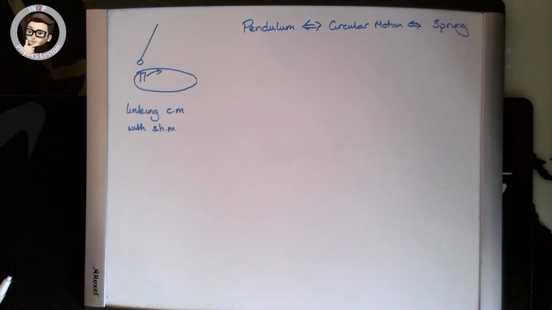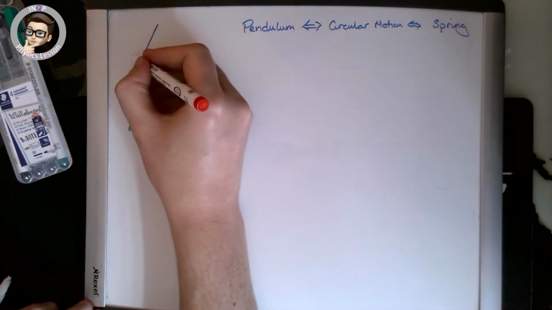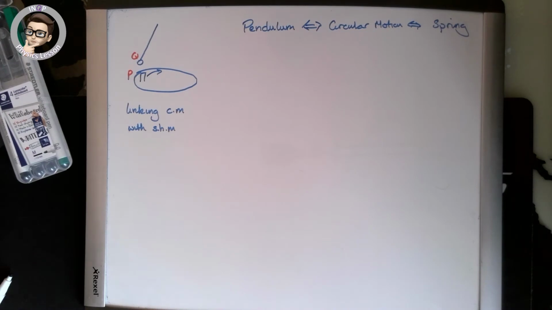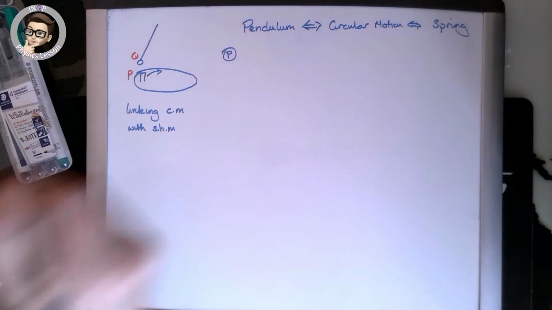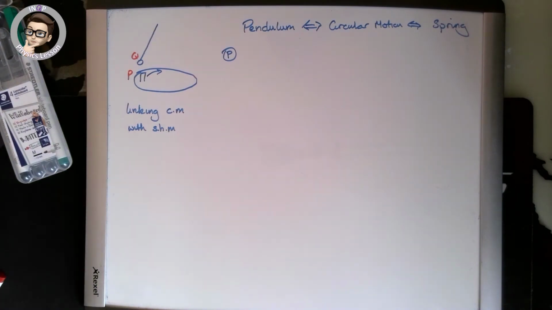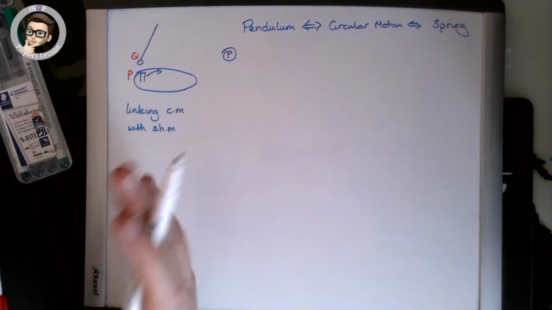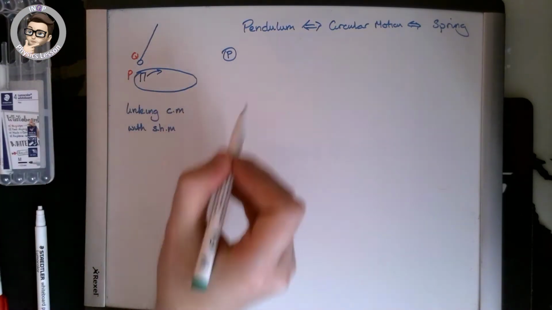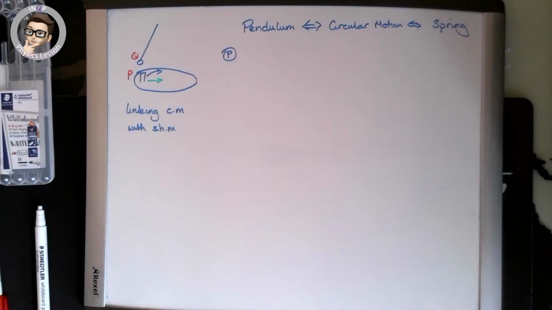Now let's take, for example, the situation we've got here. We've got Q and we've got P. Let's start with P, because starting with this object on the turntable that's rotating round should be relatively straightforward for us now, because we have worked through the circular motion content and we know what's going on. We know that in order for P to carry on rotating round in a circle, there must be a force acting towards the centre.